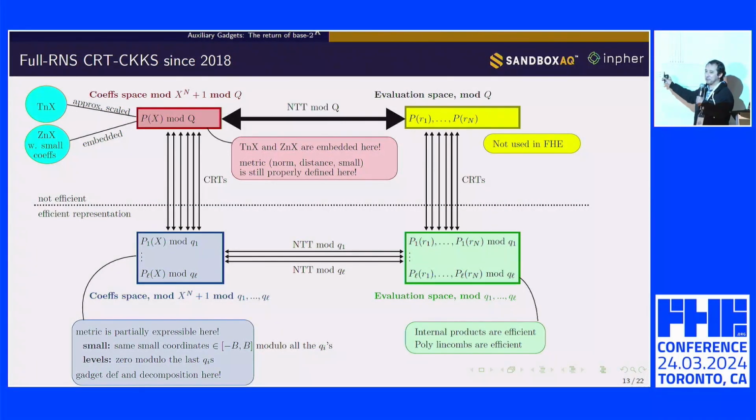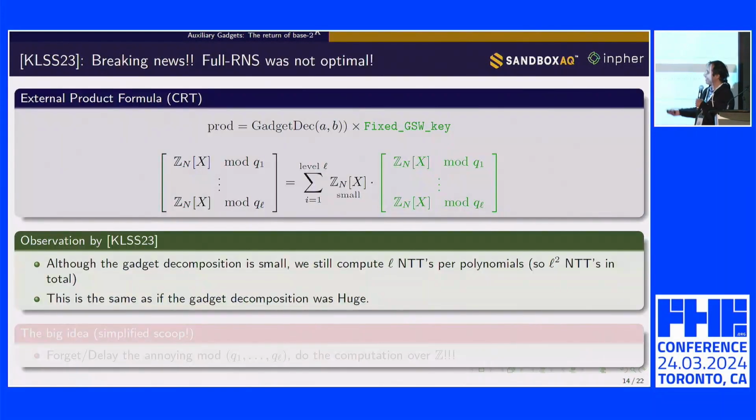This picture is very good for rings, but unfortunately, FHE was never really about rings. It was about external products. And a paper that was presented last year at this conference remarked that during this CRT RNS representation, we had the same external product formula to evaluate, and here there would be one row mod Q1, one row mod Q2, one row mod QL.